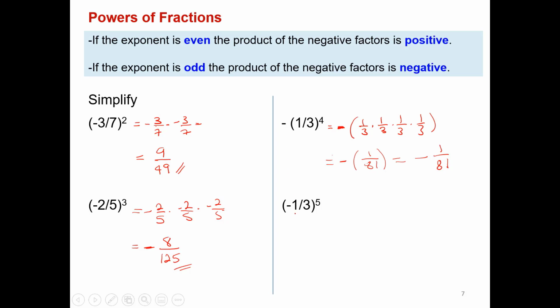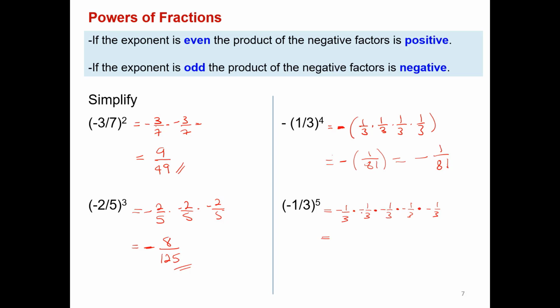In the last example, negative is part of the base, so we need to multiply negative 1/3 5 times. And we know the answer must be negative. These are multiplications.